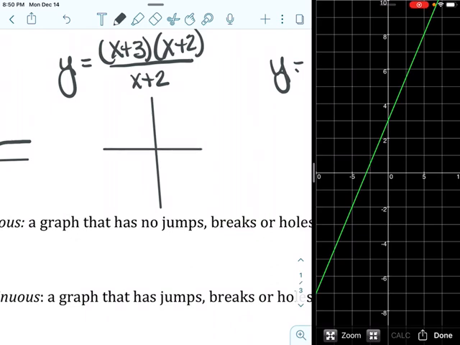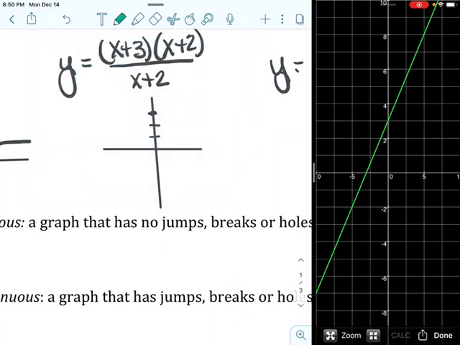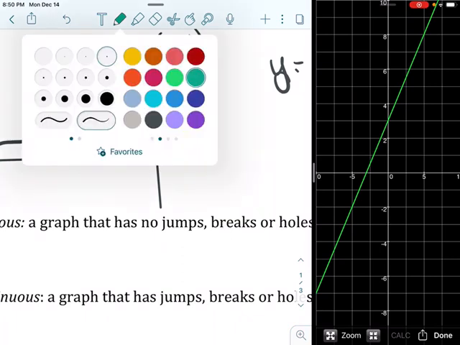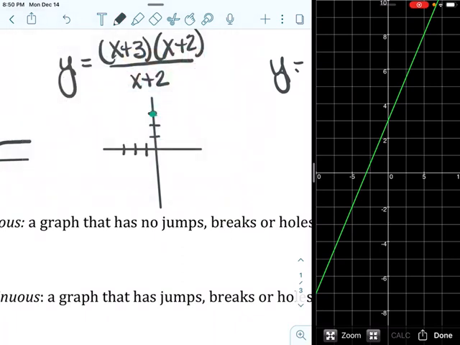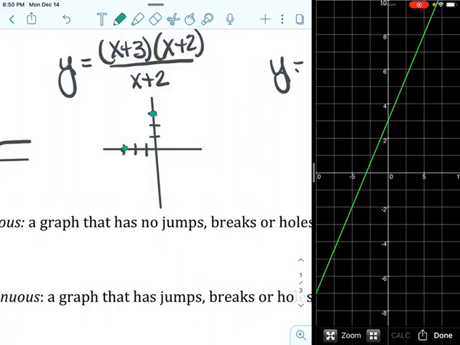Looks like its y-intercept is 3. Let's use a different color here. And it looks like it intersects the x-axis somewhere around negative 3, I think. Okay, so there's the x- and y-intercept. Well, that's weird. We'll have to look at that some more.